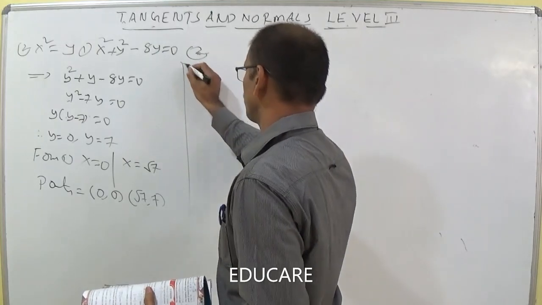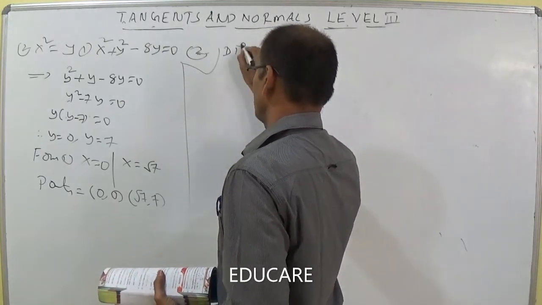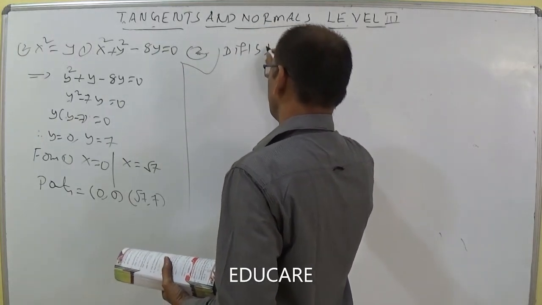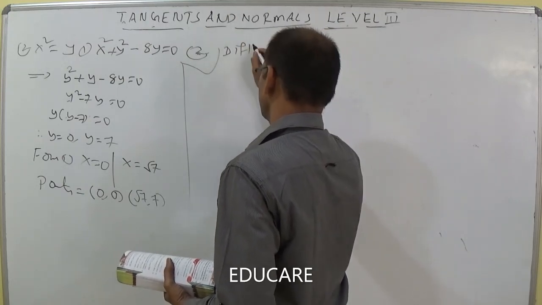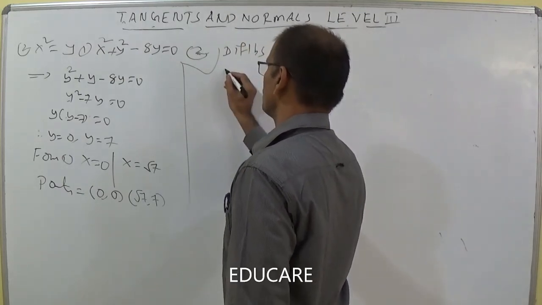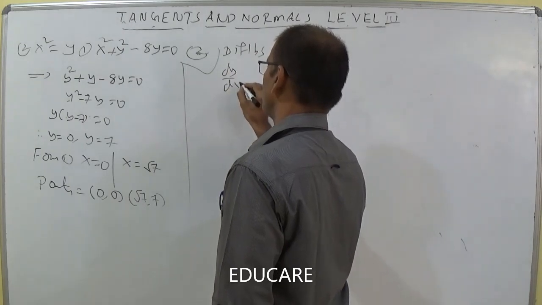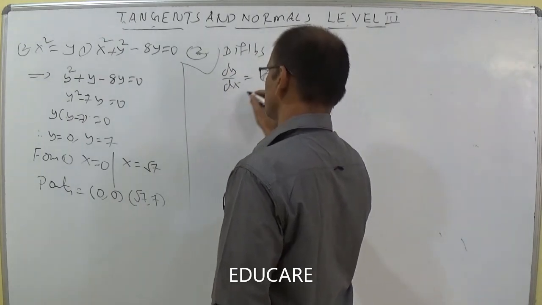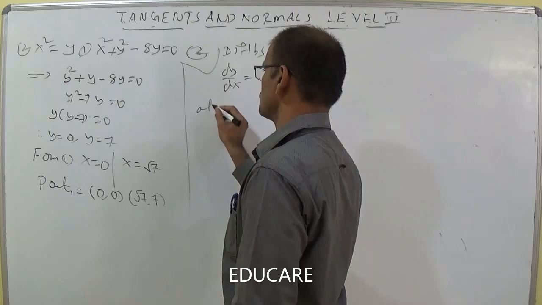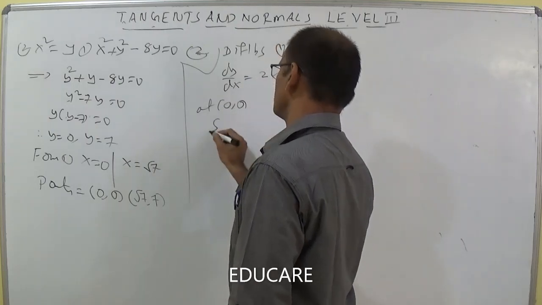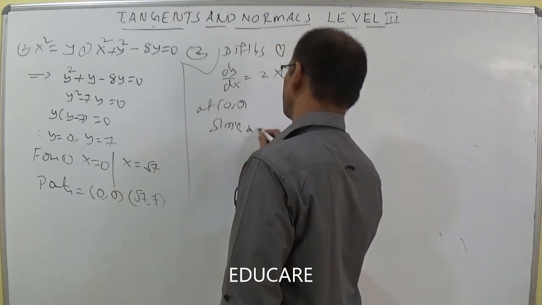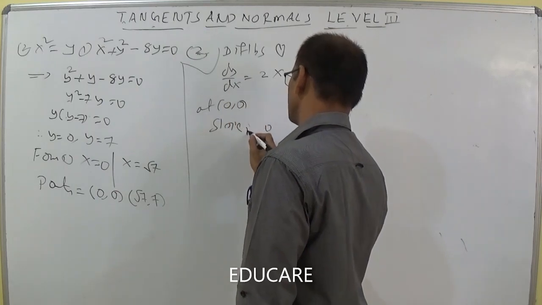Differentiating both sides of the first equation, we get dy by dx equal to 2x. Taking x at (0, 0), the slope m is equal to 0 at (0, 0).